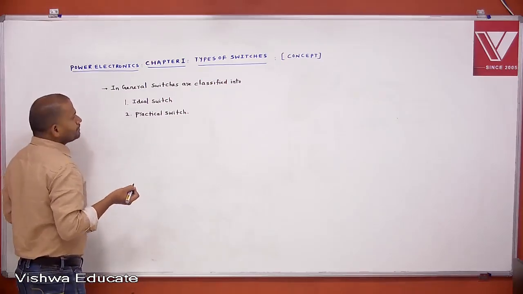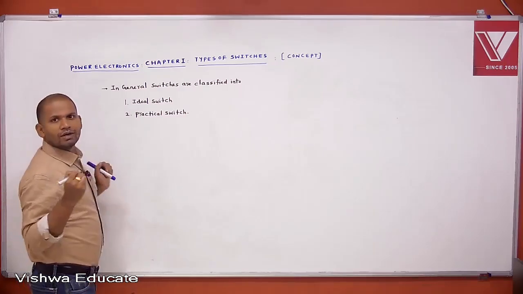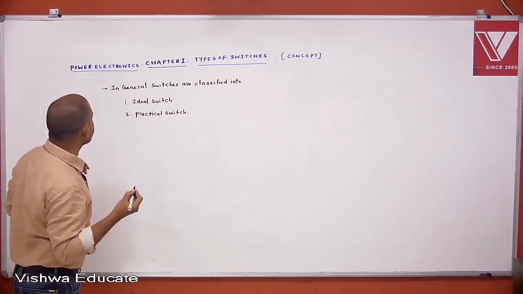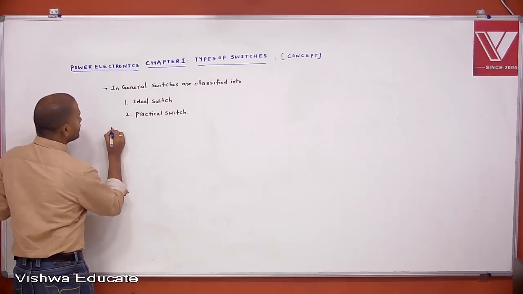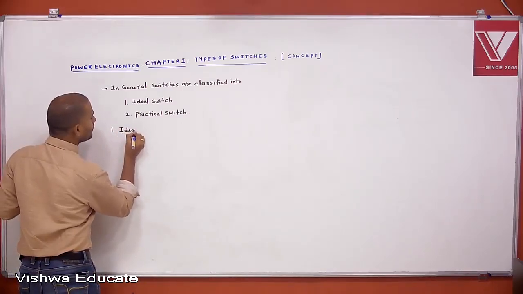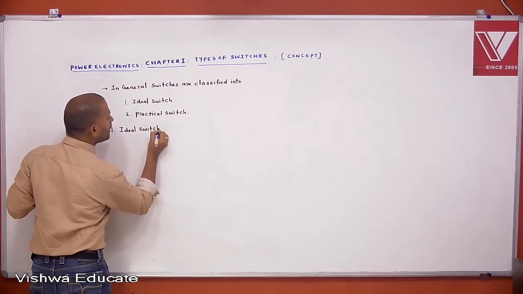Now see, what are the properties of ideal switch and what are the properties of practical switch? This I want to discuss. First we will see the properties of ideal switch.